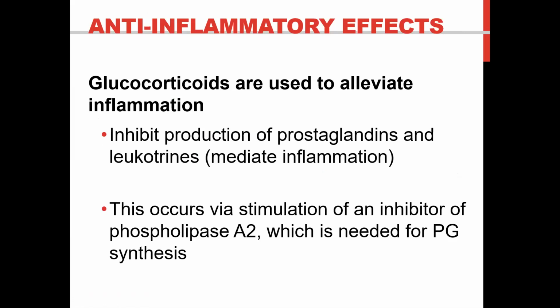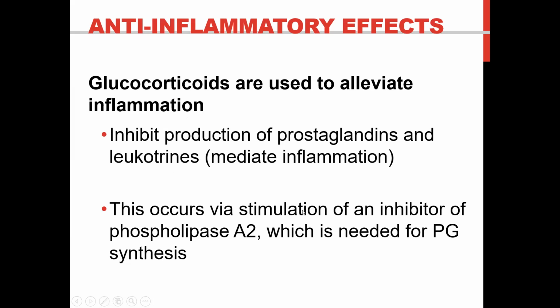Now, glucocorticoids are used to alleviate inflammation because it inhibits production of your prostaglandins and leukotrienes. Kulang ito ng E-class. Leukotrienes, which mediate inflammation. No? The prostaglandins, leukotrienes, mediate inflammation. So, these glucocorticoids help, no, by inhibiting the production of these inflammatory substances.